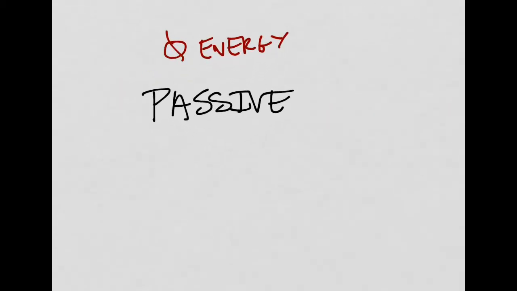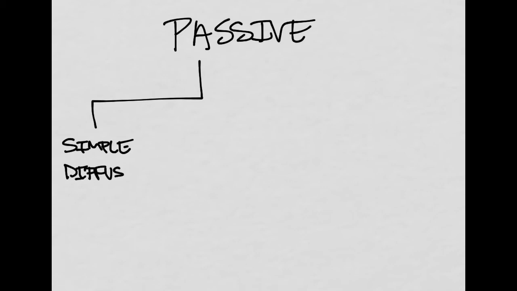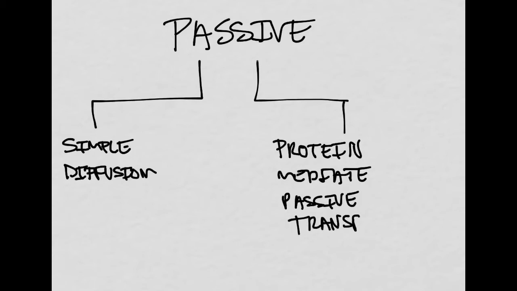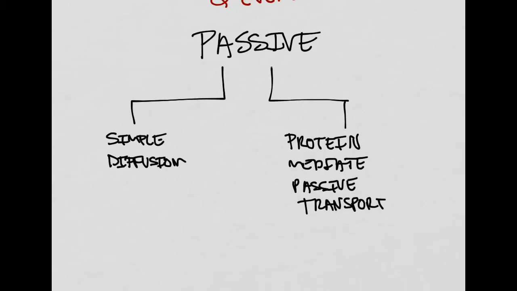Okay, and passive transport can be broken down into two different types of transport. We have simple diffusion, and protein-mediated passive transport. Okay, so those are the two types of passive transports.